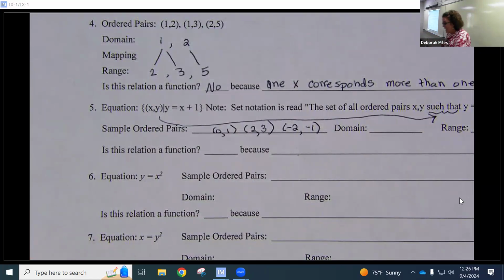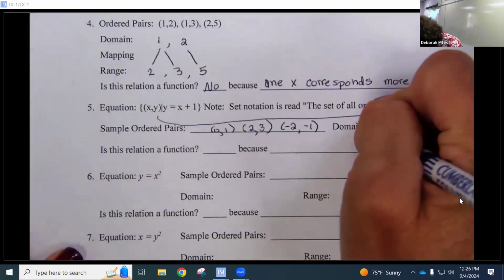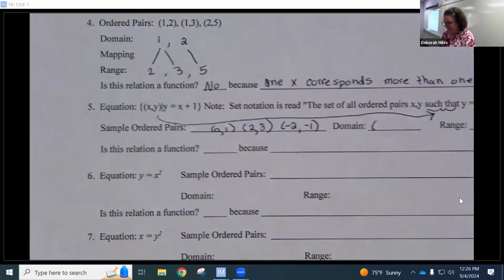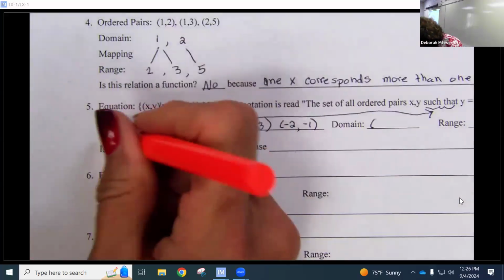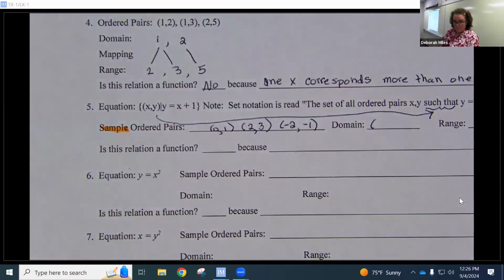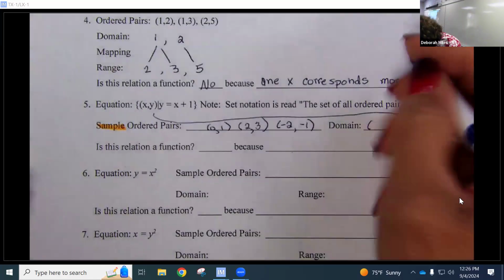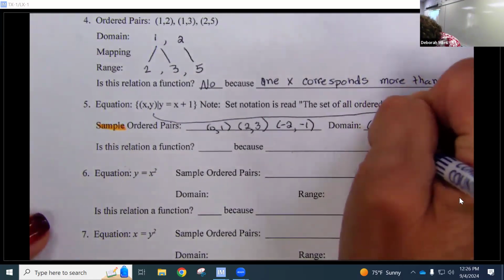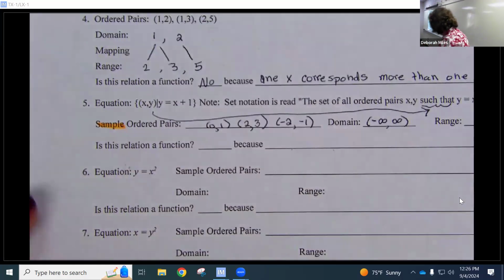Any x in the whole wide world. That domain is not just the three sample ordered pairs we found, but any ordered pairs that satisfy that equation. And you could let x be infinitely big, infinitely small, positive, negative, zero, anything.